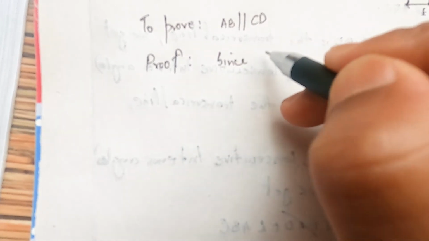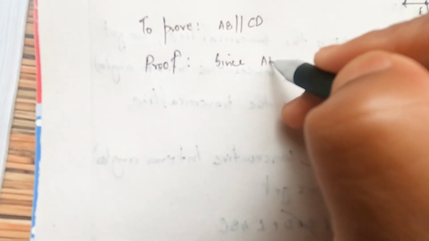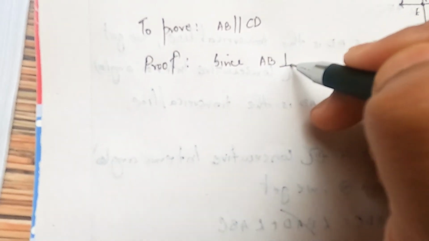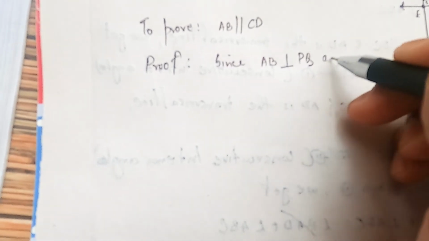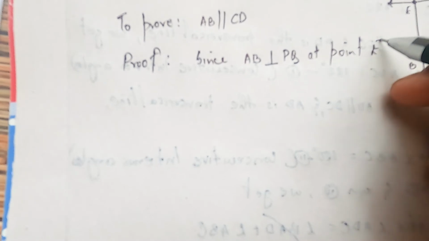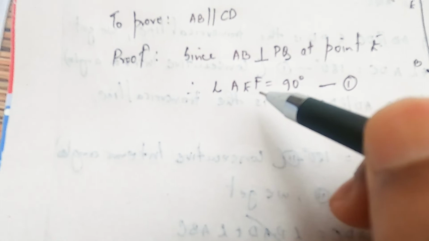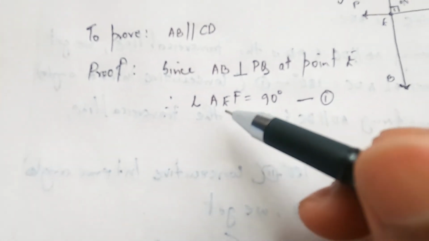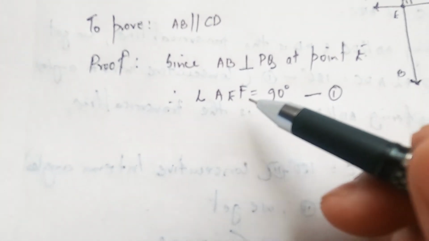Since, like I've told you before, AB is perpendicular to PQ at point E, therefore angle AEF is equal to 90 degree. All right, because angle made by a perpendicular line will always be 90 degree.